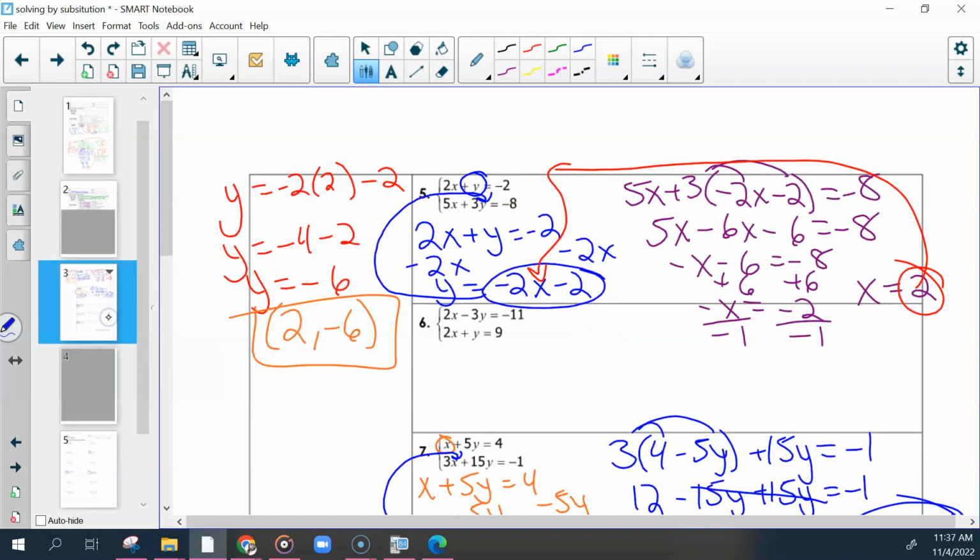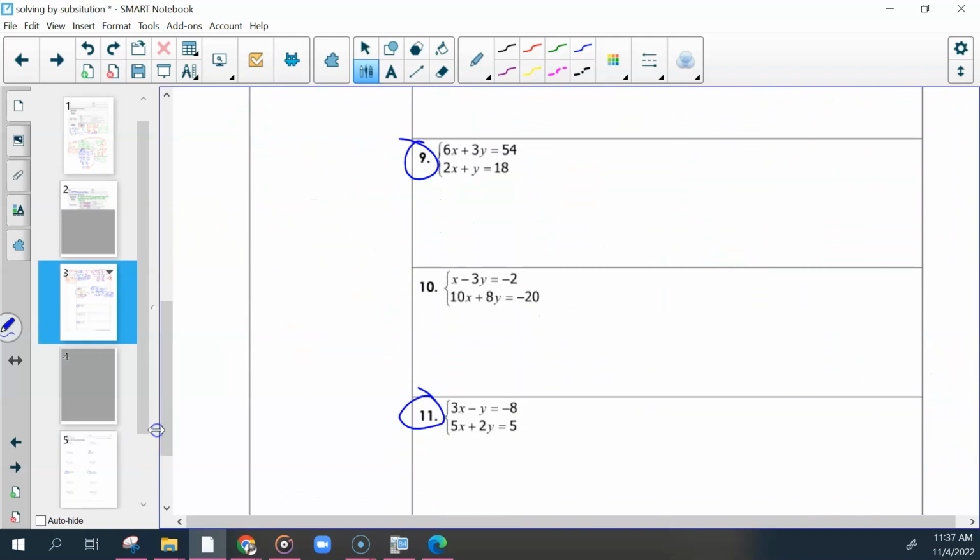Alright, so let's start with 9. We have to get a variable by itself. Which variable are we going to get by itself? The y in the second equation. So let's solve that by subtracting 2x to the other side. And then, what would be our next step?